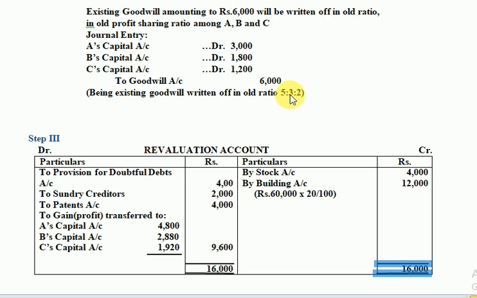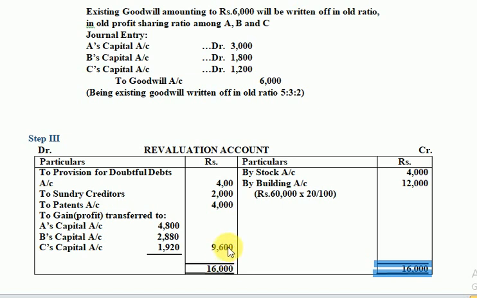Finally, your solution starts from step number 3, where you have to prepare the revaluation account, just like you did in the chapter admission of a partner. Nothing new. So after preparing this revaluation account, we are arriving at revaluation profit of 9,600.